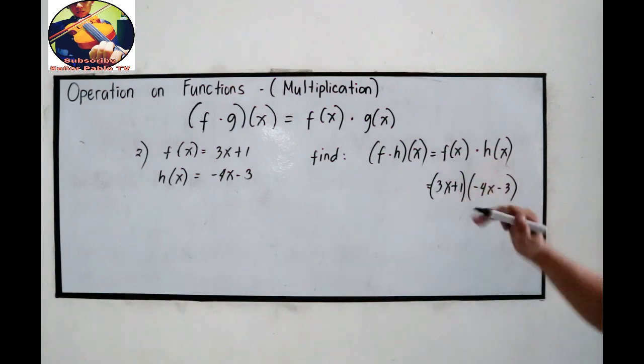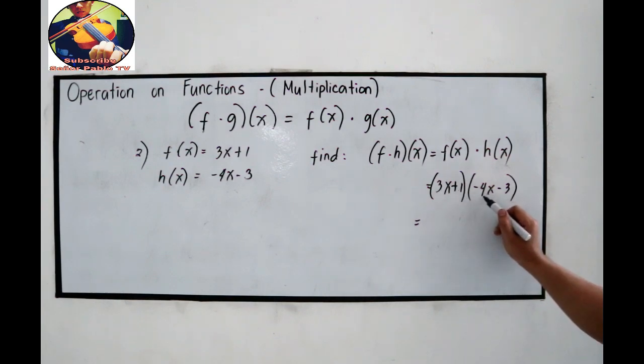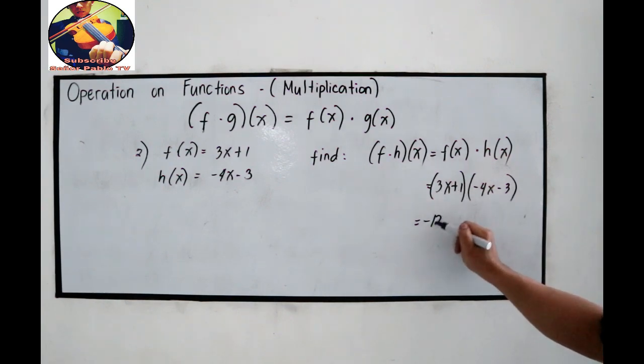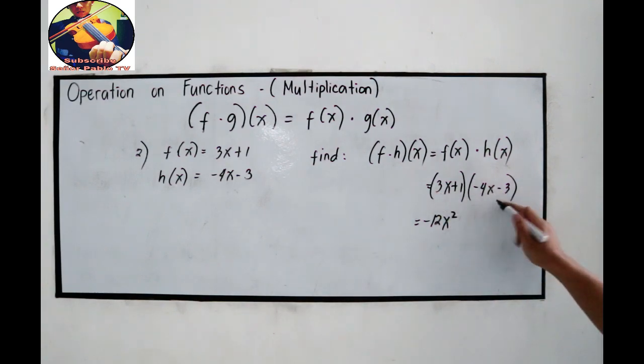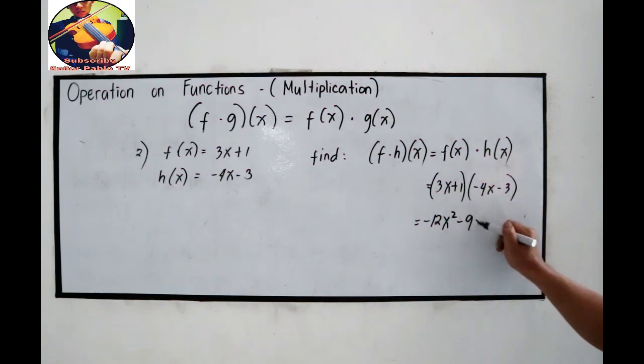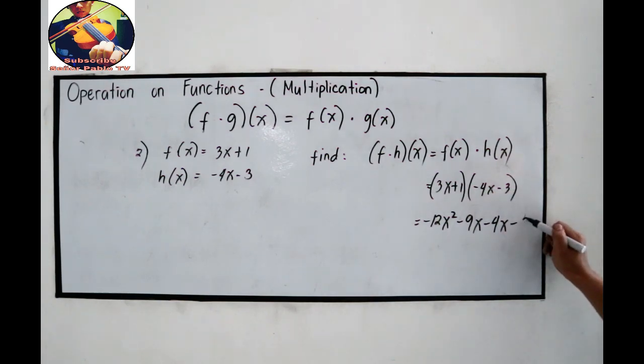After substitution, syempre, kailangan natin i-multiply ngayon. So, 3x times negative 4x, negative 12x squared. 3x times negative 3, negative 9x. 1 times negative 4x, negative 4x. 1 times negative 3, negative 3.